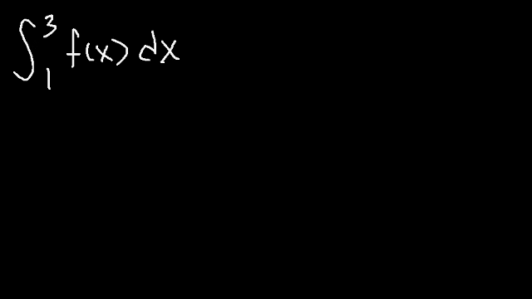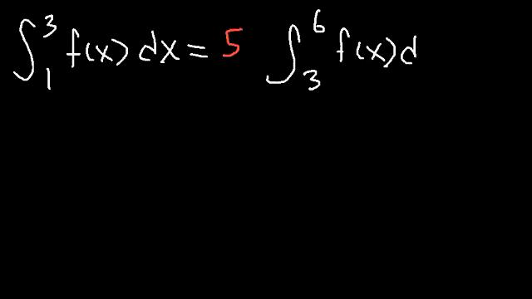Now let's say that the integral from 1 to 3 f of x dx is 5, and the integral from 3 to 6 f of x dx, let's say it's 9. So what is the integral from 1 to 6 f of x dx?